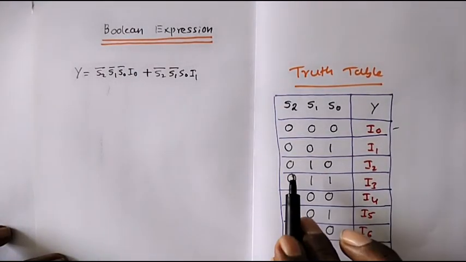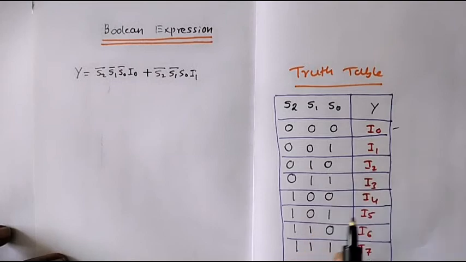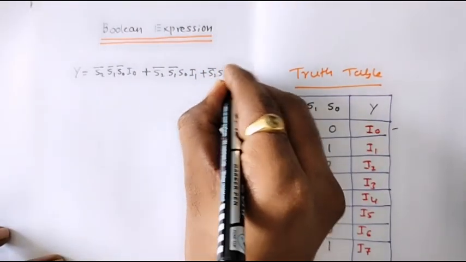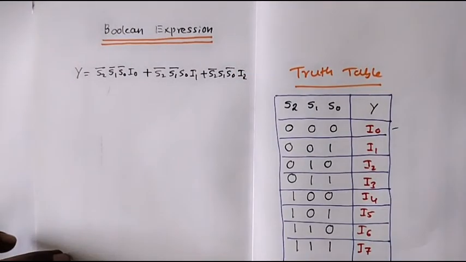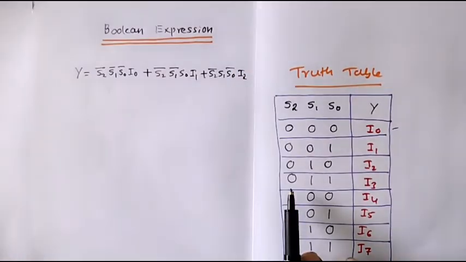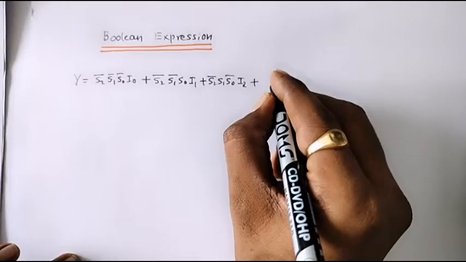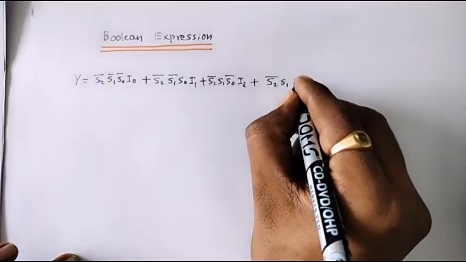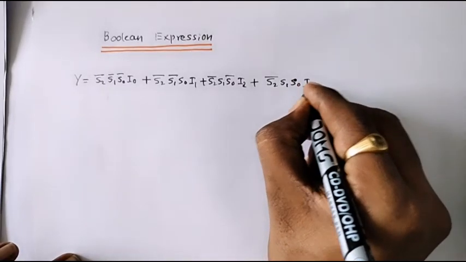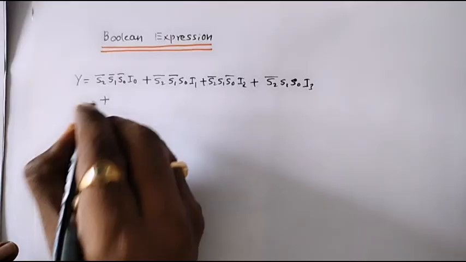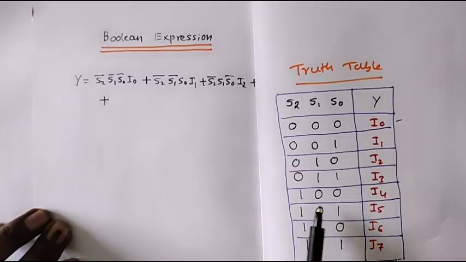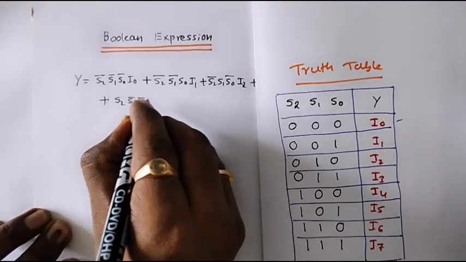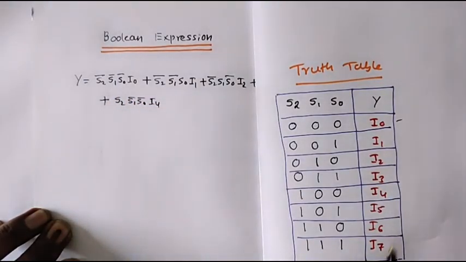Similarly for I2 it is S2 bar, S1, S0 bar, I2, and for I3 it is S2 bar, S1, S0, I3, plus for I4 it is 1 0 0, that is S2, S1 bar, S0 bar, I4.